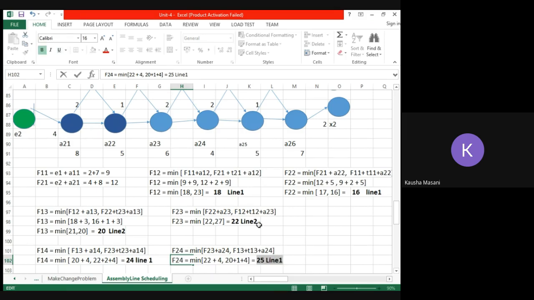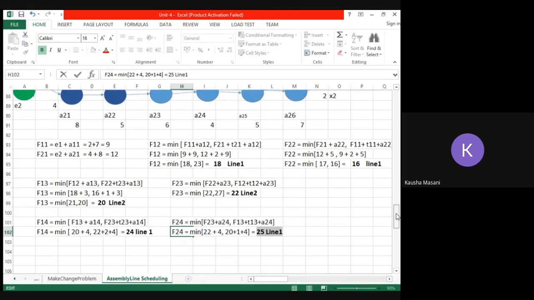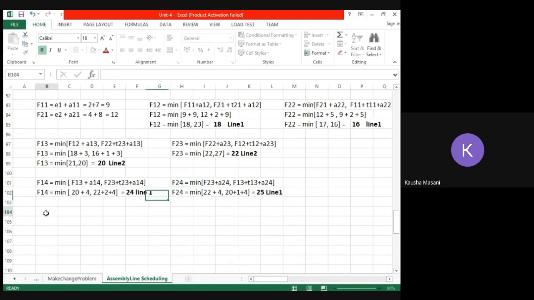Like this you have to do for each and every point, each and every station. F15, F25.